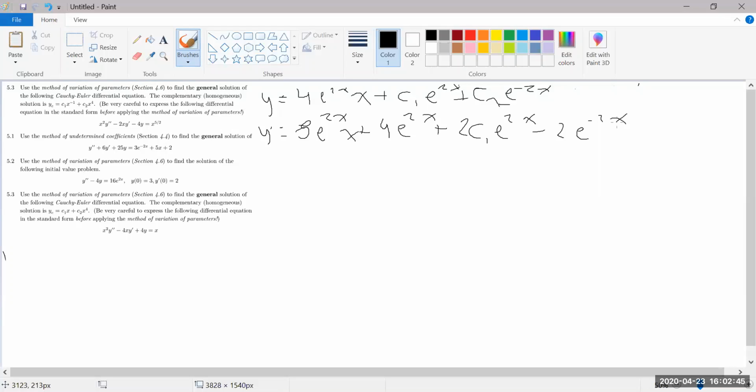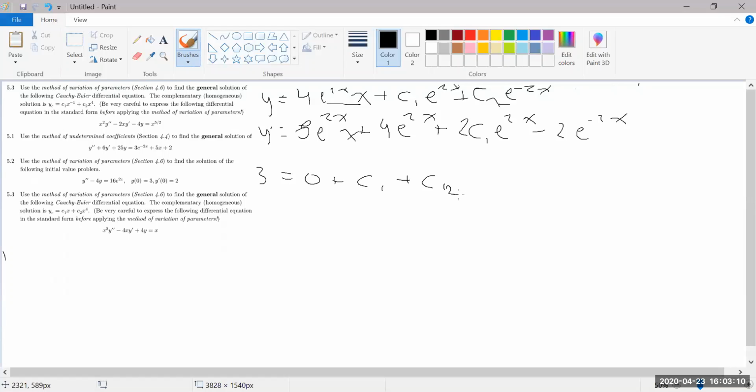So we know that y of 0 equals 3, so 3 equals, we have 0 here, and plus c1 plus c2. Okay, so c1 plus c2 equals 3.